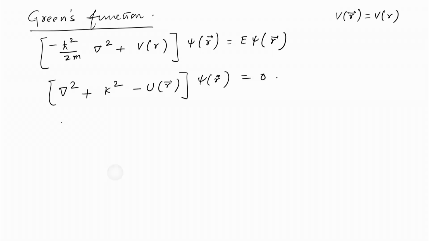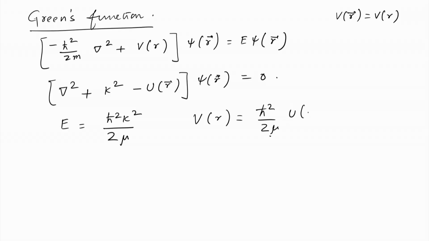Where E is equal to h cross square k square over 2 mu, and V of r is nothing but h cross square over 2 mu times u of r, or u of r is 2 mu V of r by h cross square, in which case we can write down the same equation in terms of this u.